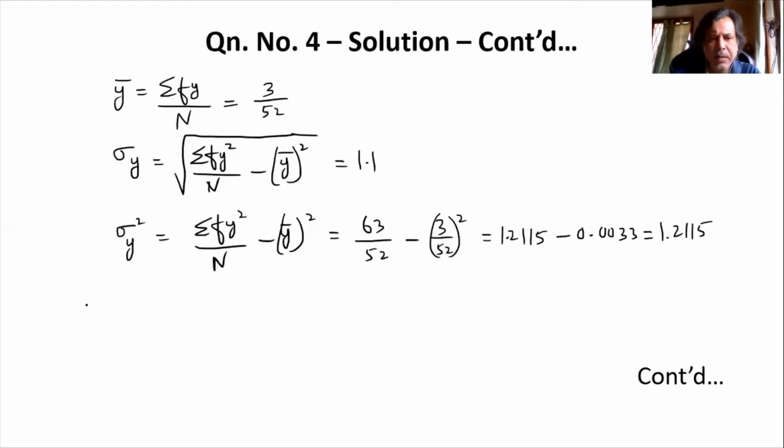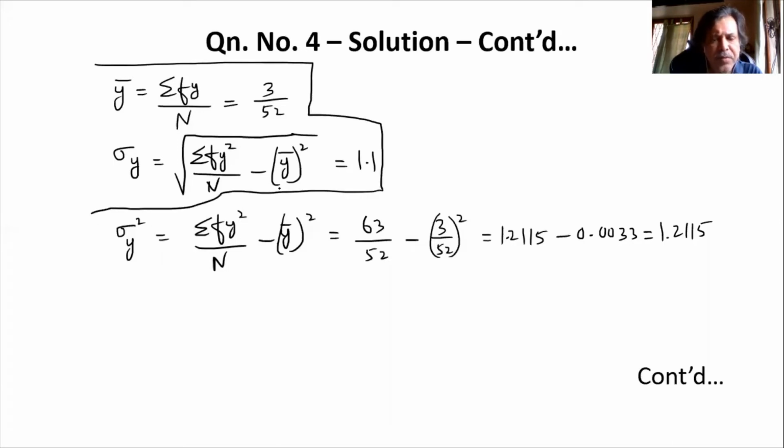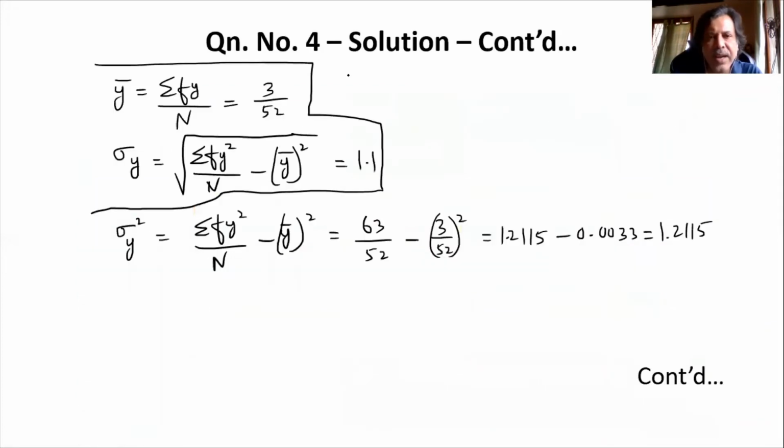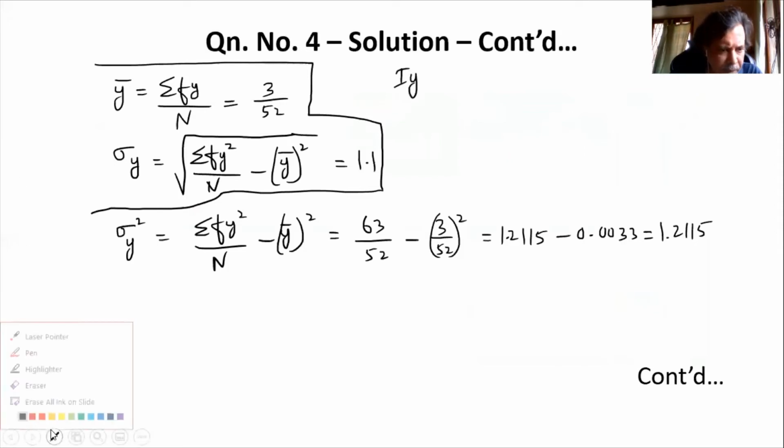Right. Now we have certain properties, and we will use those properties. Here they are asking us to find for x, not y, which is the variable we introduced. This variable was not in the original question; the variable originally was x only. So we have to find the standard deviation of x.